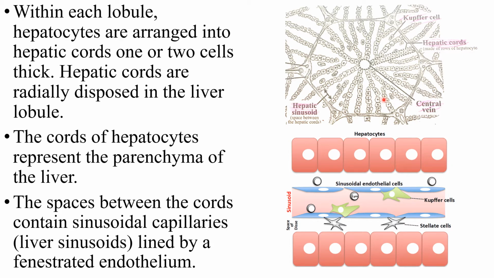The space between the cords contains sinusoidal capillaries or liver sinusoids lined by fenestrated endothelium. So you can see here in this expanded picture of the hepatic cords, the hepatic cords are single cell thick layers of hepatocytes which are arranged like beads on a string.